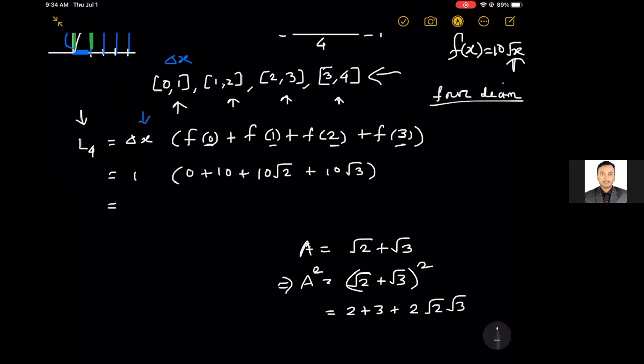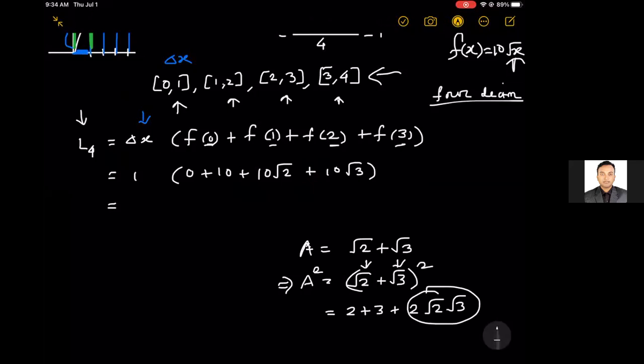Remember the formula for a plus b, the quantity squared, right? So you don't get 2 plus 3, you have additional terms, right? Yeah, I treated them all separately. That makes sense, yeah, of course.